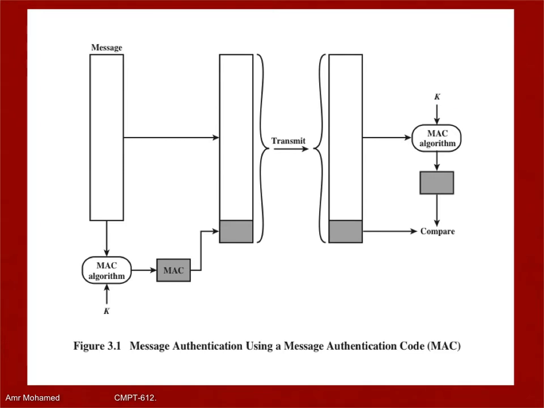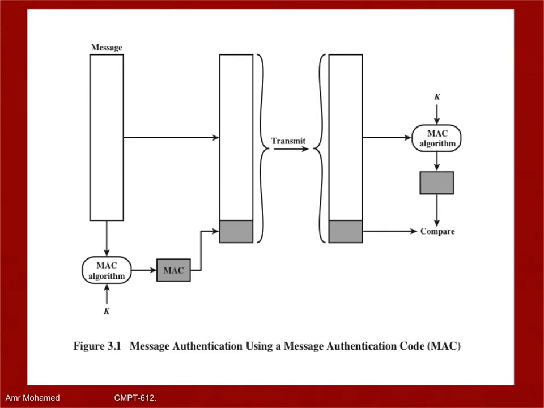So if the key is different, assuming that there is an active attacker who tries to impersonate the sender or the receiver, if he does not have that key, then he cannot really generate the same Hmac because he has a different key.